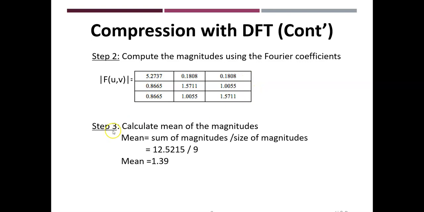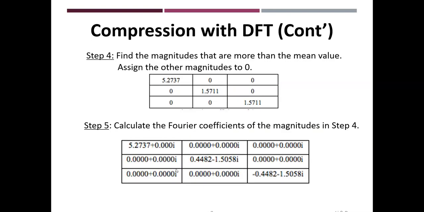Step 3, we calculate the mean of the magnitudes. The mean equals the sum of all the magnitudes divided by the size of the magnitudes. Here the size is 9. So we get a mean of 1.39.